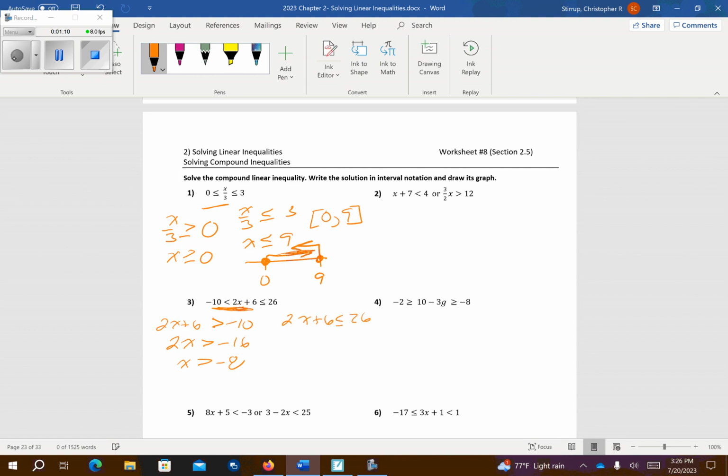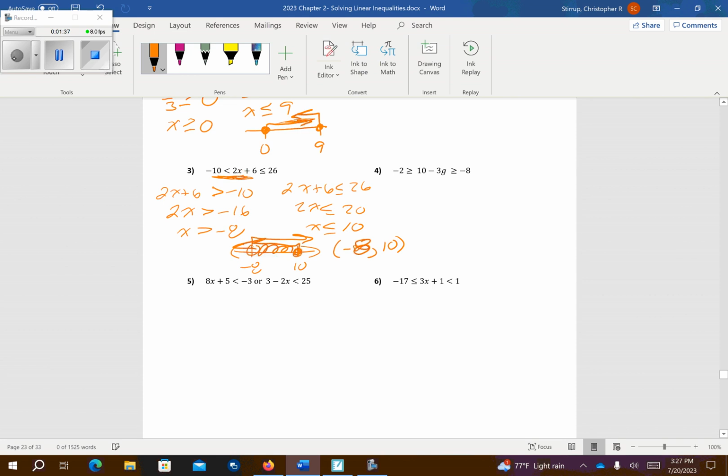I'm going to flip that over, subtract 6 from both sides, divide each side by 2, put it on a number line, so I have negative 8 down here, 10's way over here, negative 8 going this way, solid dot at negative 10 going this way, so we want the overlap, so it's a soft bracket from negative 8 to 10.